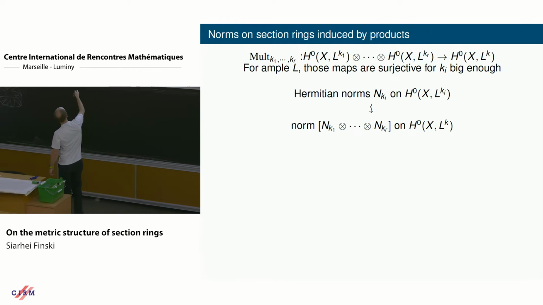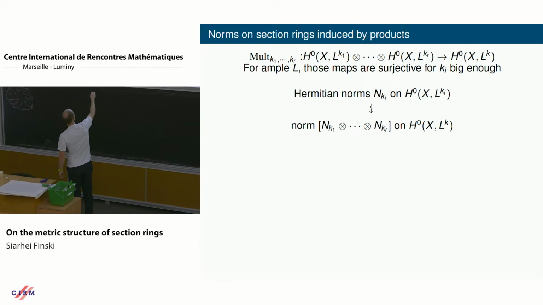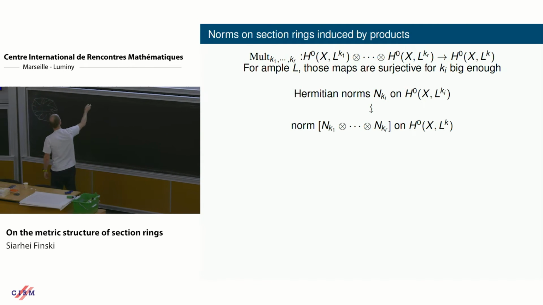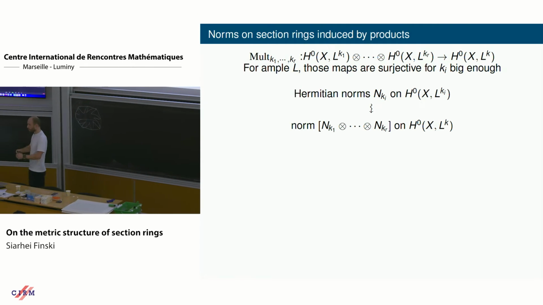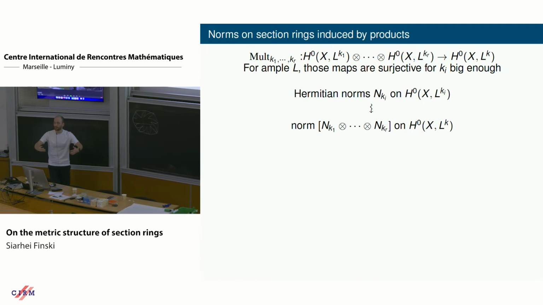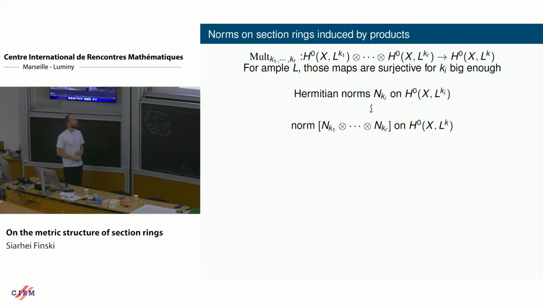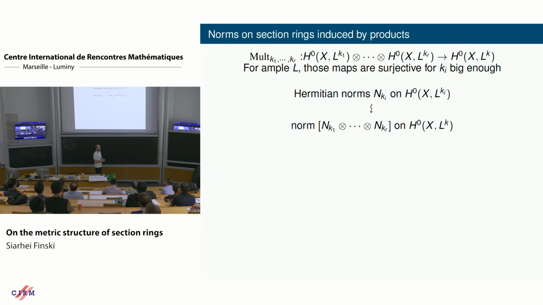And by taking the quotient under this surjective map, it will give me a certain norm on the cohomology associated to high index. In other words, what this construction says is that there is an inductive procedure to produce Hermitian norms on the holomorphic sections of high degree from the norms of the holomorphic sections of lower degree.